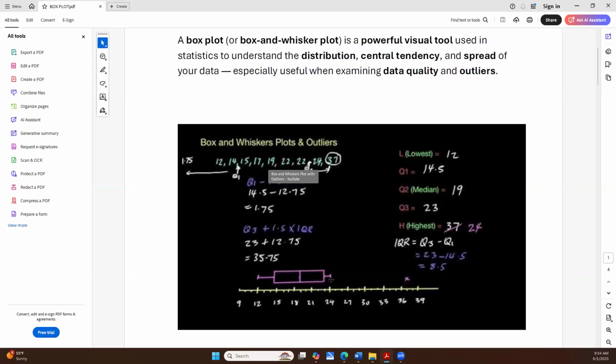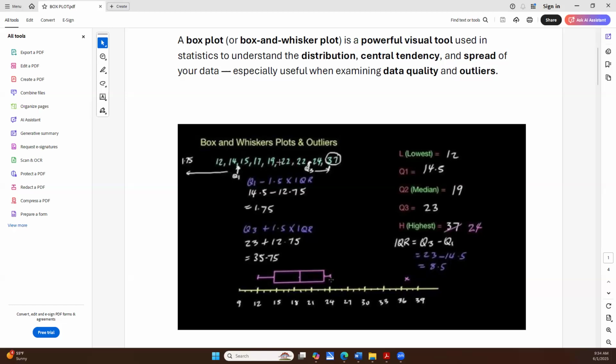Yes, exactly, because this 37 is going to be an outlier. At the same time, when we say that Q1 is 14.5, basically between 14 and 15, the lowest one should be 14, right? But it is actually 12.